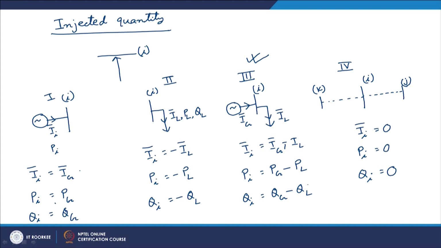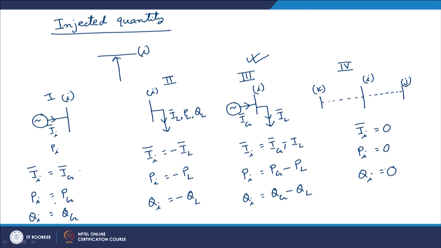On the other hand, if there is neither a load nor a generator connected at a bus, then both Ig and IL are 0. So, Ii would be 0 minus 0, that is 0, Pi would be Pg minus PL, that is 0 minus 0, which is 0, and Qi also would be equal to 0 minus 0, that is 0.